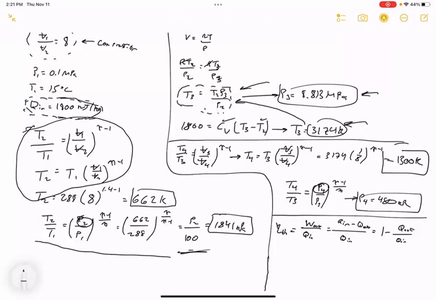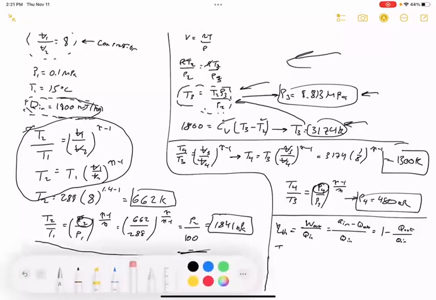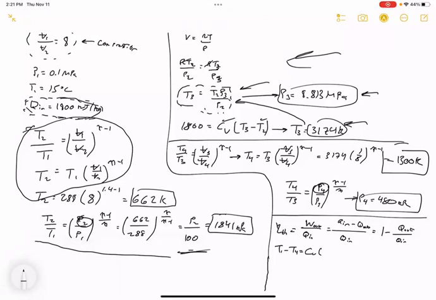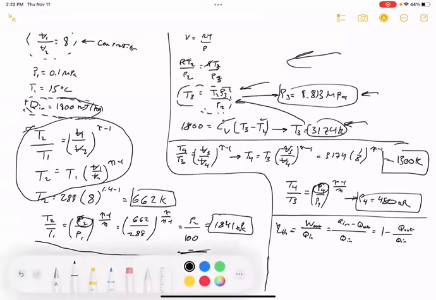But the way we reject heat is the same way we added heat when we looked over at this guy, right? Remember, we're talking about the change in internal energy.